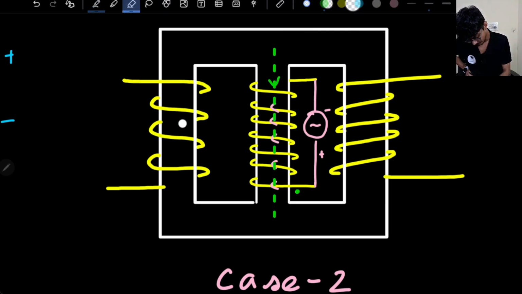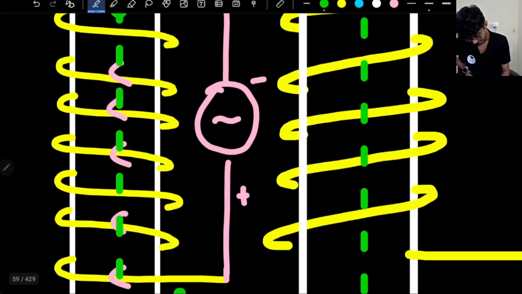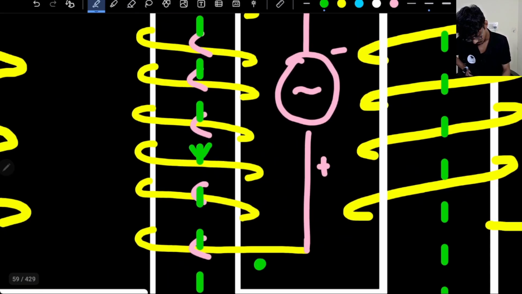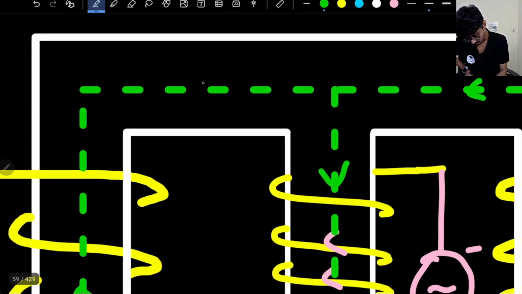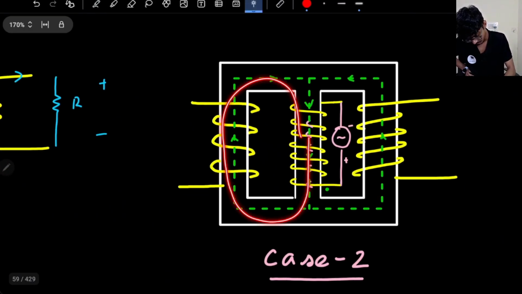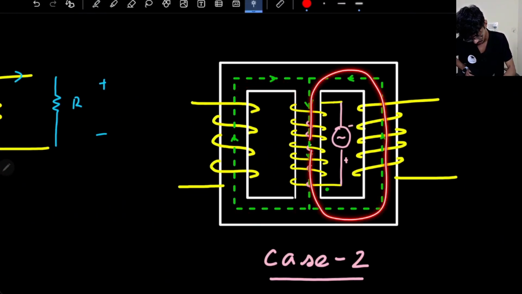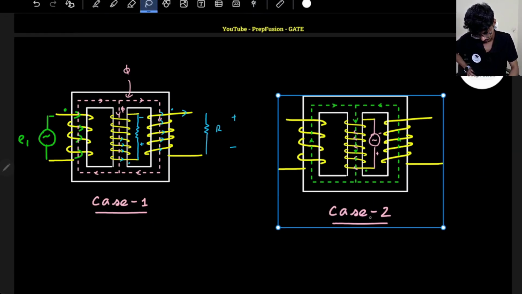Sorry, not like this, it will be going like this. Here it will go downwards, here it will go upwards, here it will come back, and here it will come back like this. It will start from here, then go here, come back. These are the directions of the flux.